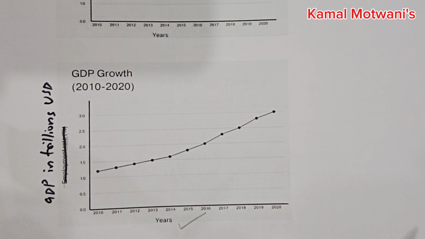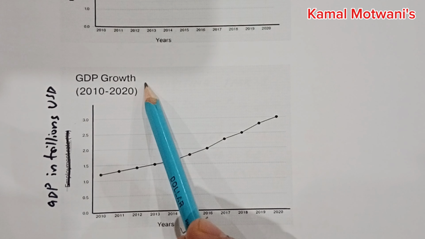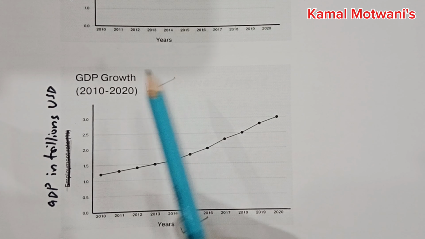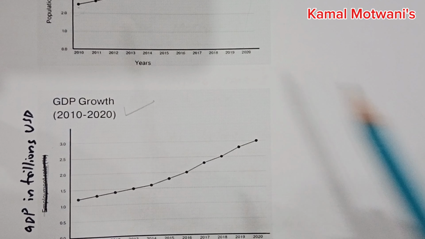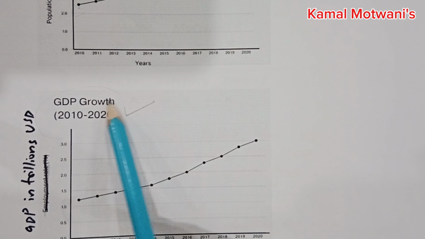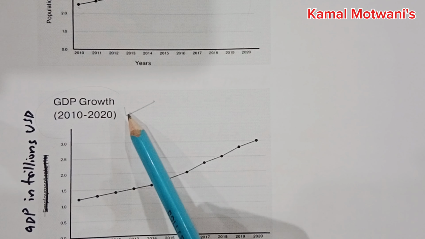So now let's analyze this graph and see which trend this graph follows. It is over a period of a decade, the same as the population, from 2010 to 2020. It shows GDP growth over a period of time from 2010 to 2020.